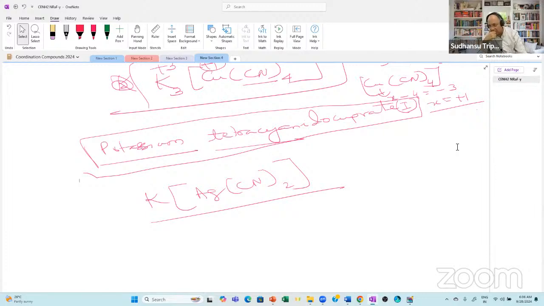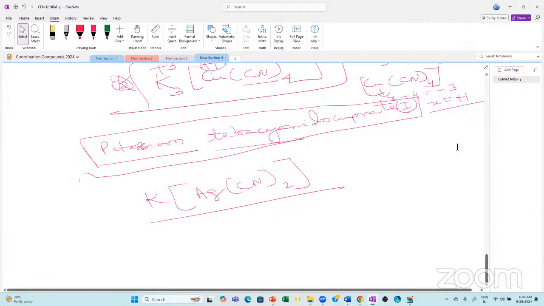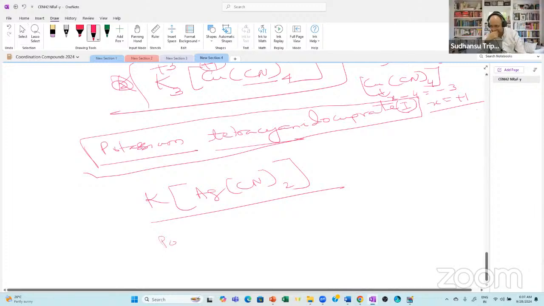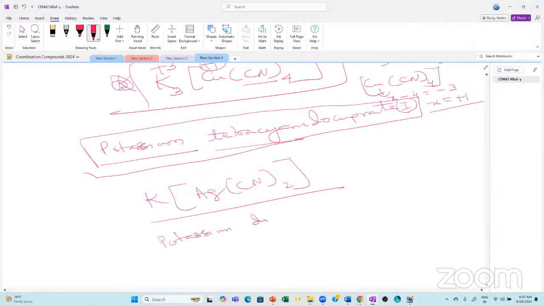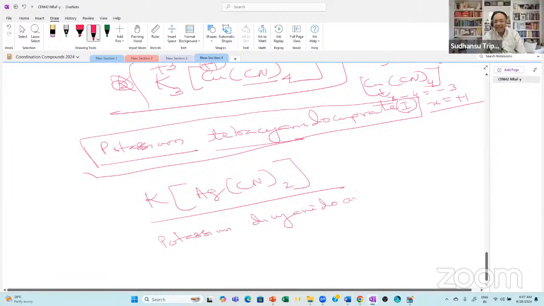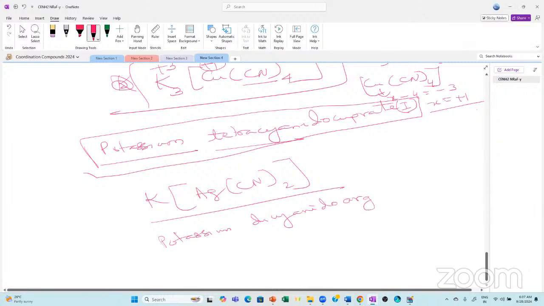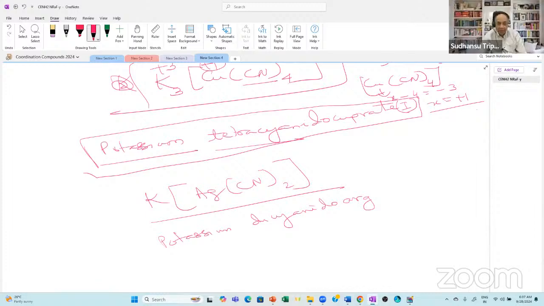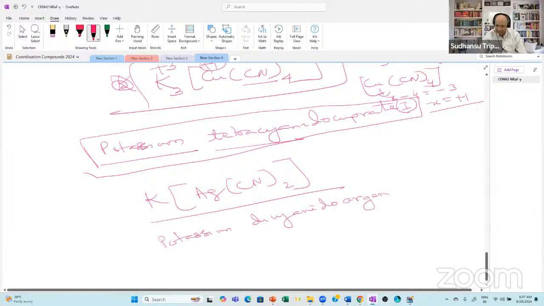So what is the name of this compound? Potassium dicyanidoargentate. Argentate, yes, because argentum is the Latin word, so um is replaced by ate, argentate.